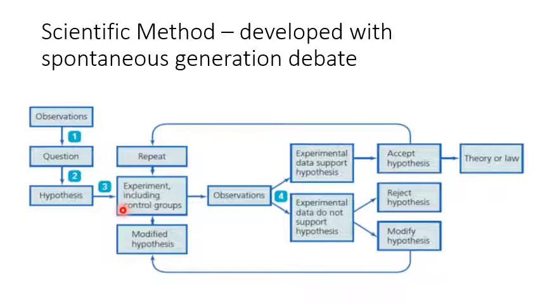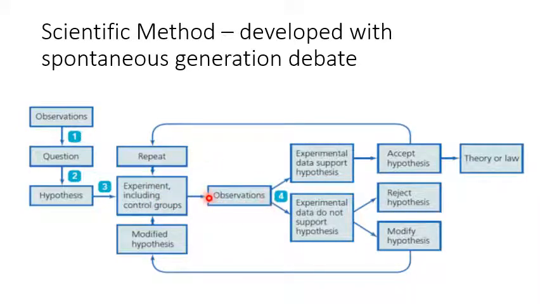Whenever these guys working on spontaneous generation did an experiment and boiled some broth and put it in a flask and sealed it, they would also have some broth that they boiled and put in a flask and left open. That's the control. So you can see what happens without your experimental intervention of sealing the flask or whatever else it is that you're doing. Then you do your experiment and observe what happens.